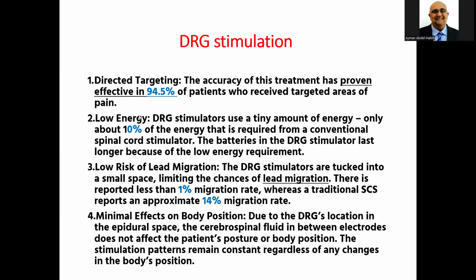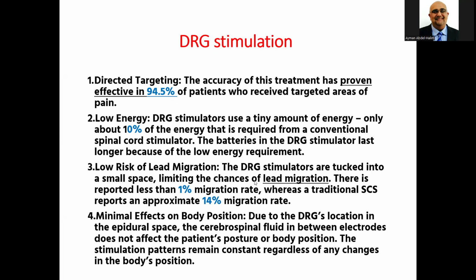You need much lower energy than a regular dorsal column stimulator, so the battery will stay with you much longer. Only 10% of the energy required from a conventional spinal cord stimulator is needed with the DRG stimulation.